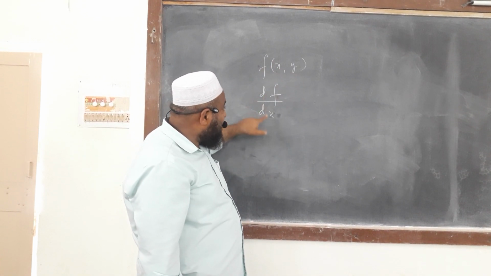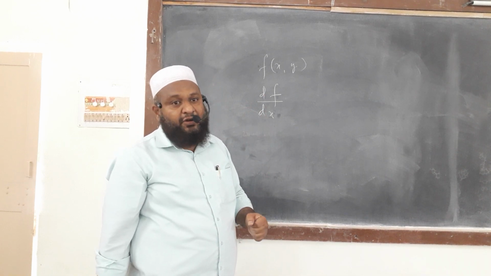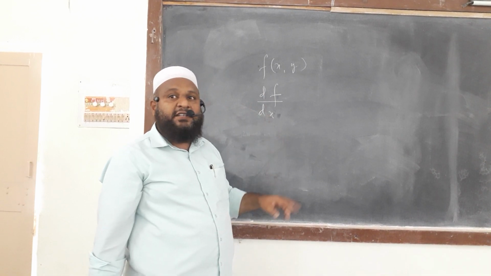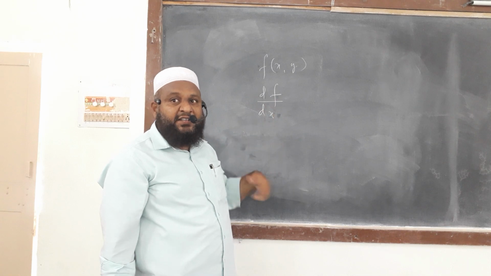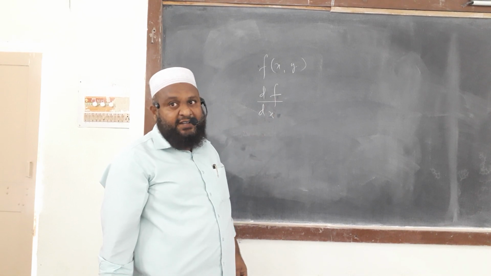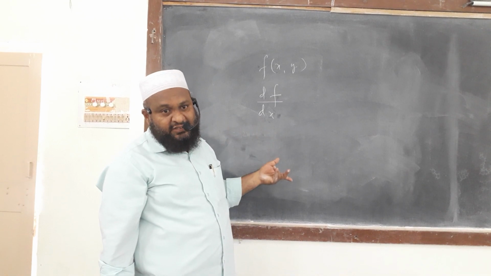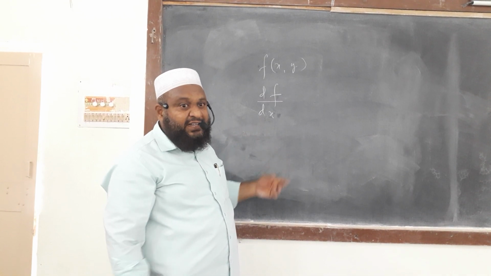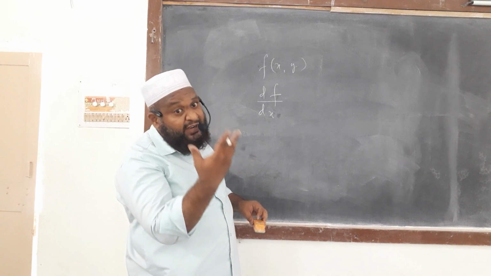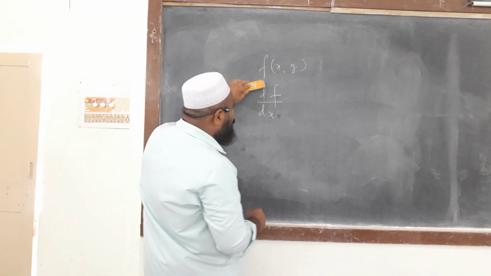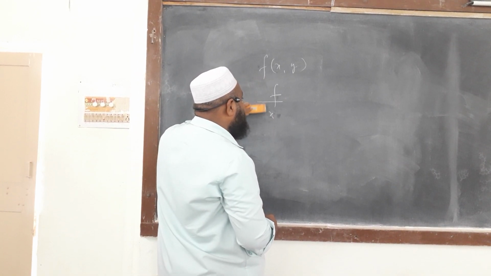So if I write like this, it's not clear, because what do you mean to say here? Change in f with respect to x. What about y? Nothing is mentioned here. So writing like this is meaningless or incomplete. So what should I write? There should be a separate notation of writing. So we avoid this notation and we use this notation.